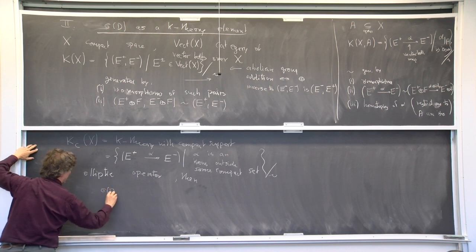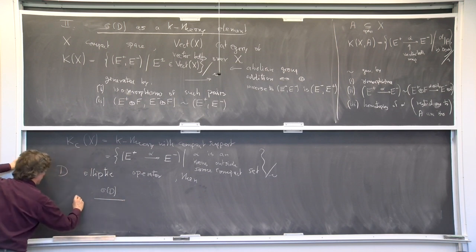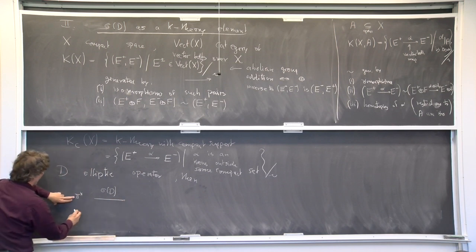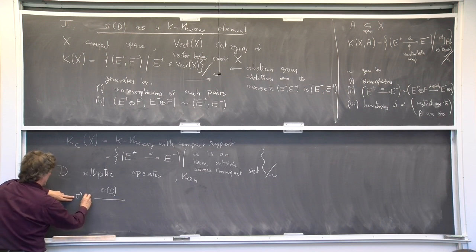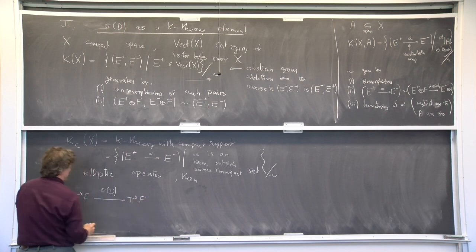The principal symbol of this operator D is a map from the pullback of the domain vector bundle to the pullback of the range vector bundle.